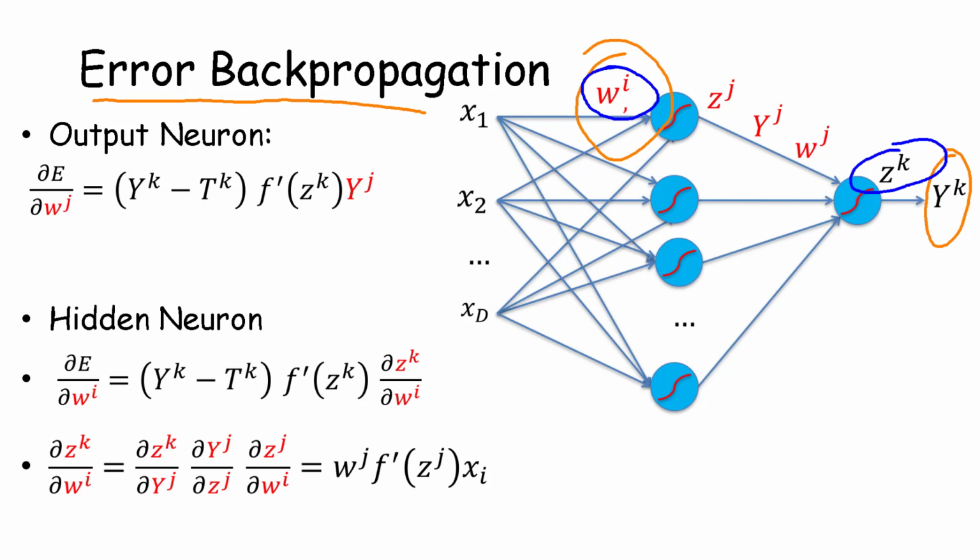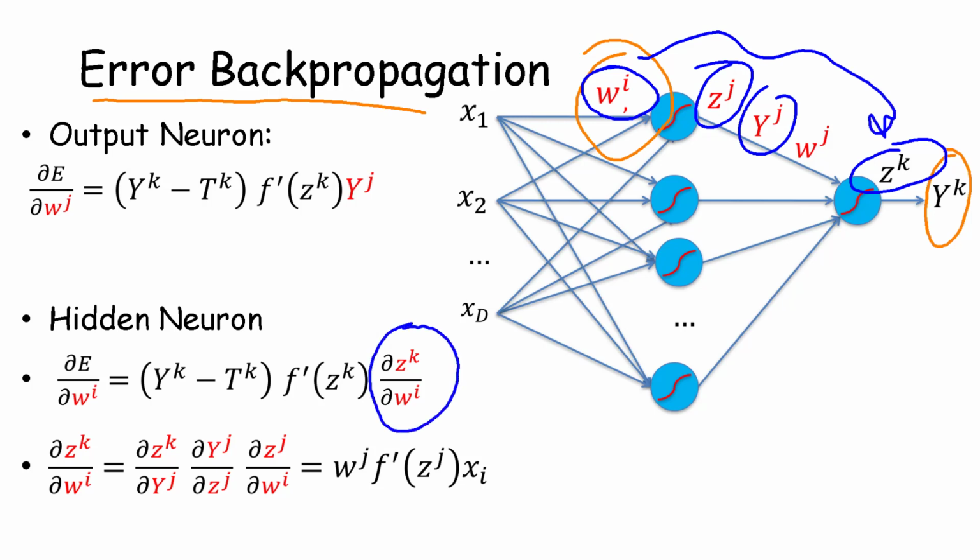In this case, Yj and Zj provide a connection from Wi to Zk. So we'll rewrite the derivative using the chain rule as the derivative of Zk with Yj multiplied by the derivative of Yj with Zj and multiplied by the derivative of Zj with Wi.